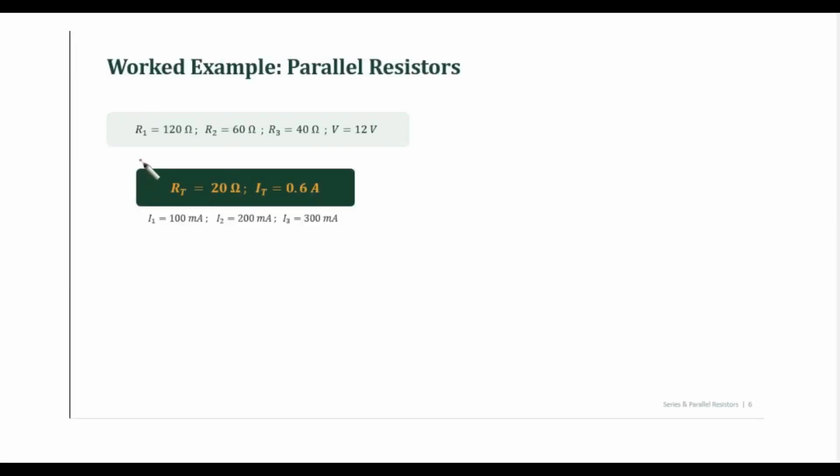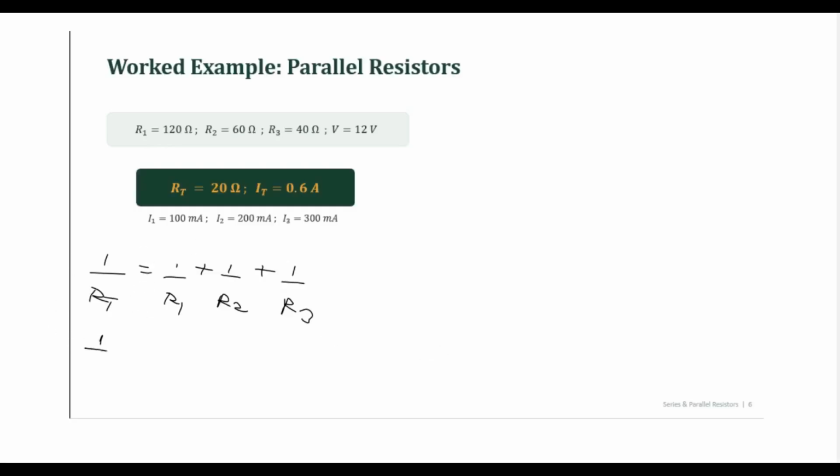If you have these resistors in parallel, it's simple. You apply the formula 1 over RT is equal to 1 over R1 plus 1 over R2 plus 1 over R3, and then you simplify.